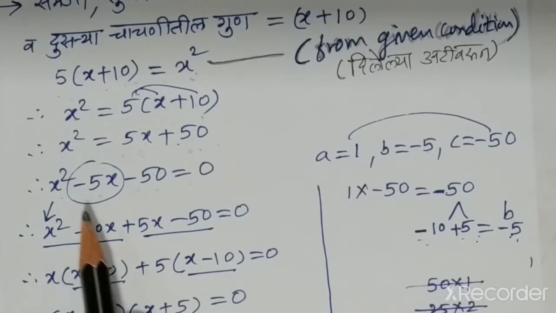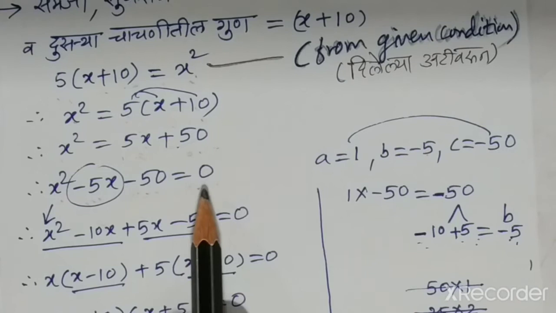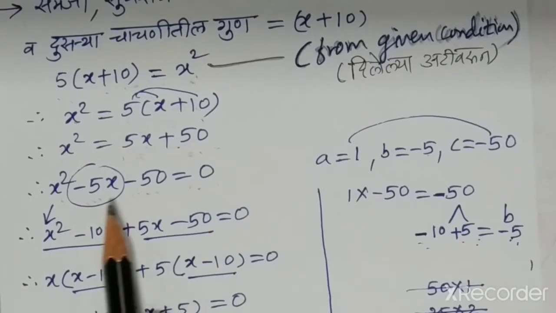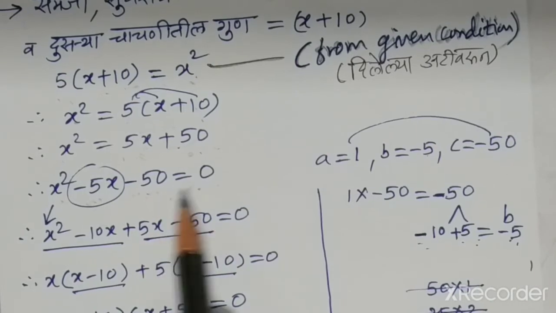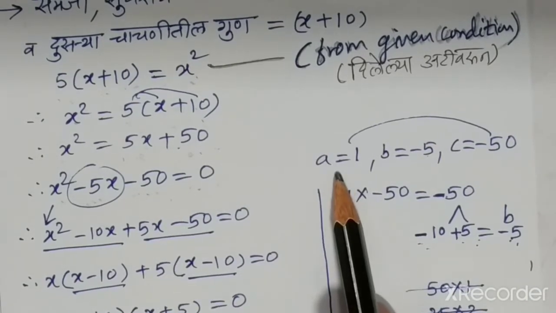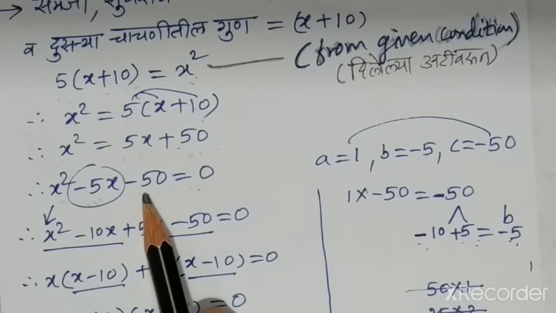So we get x square minus 5x minus 50 is equal to 0. This is the quadratic equation, which is already in standard form. So we are solving this equation by the factorization method. Take the values of a, b, c: a is equal to 1, b is equal to minus 5 and c is equal to minus 50.